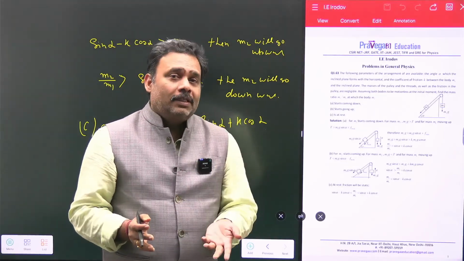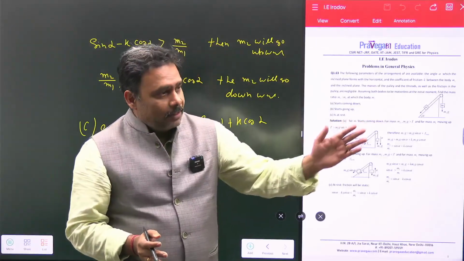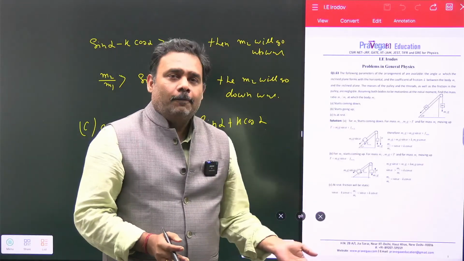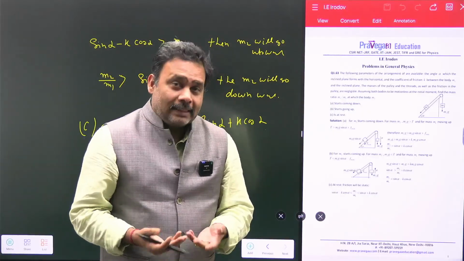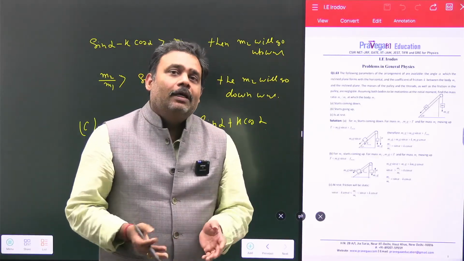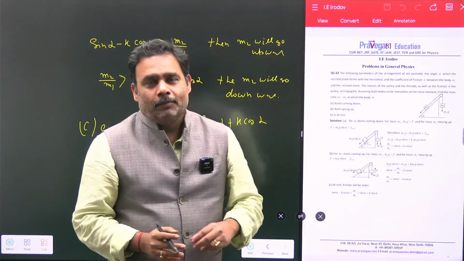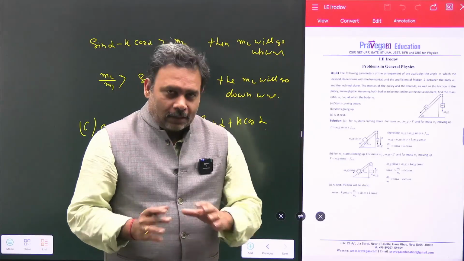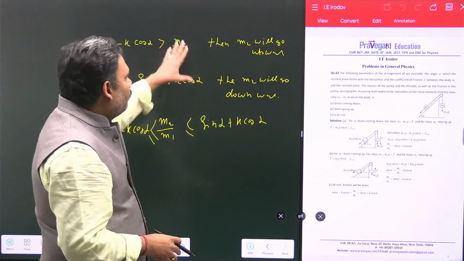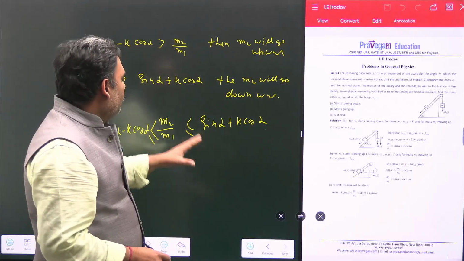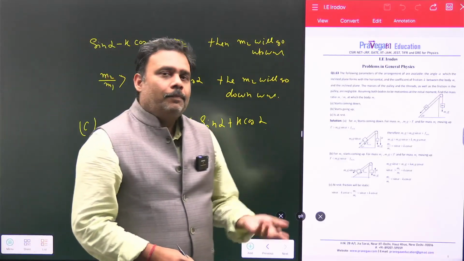And if there is friction, it should be given whether it is moving downward or upward. And here we need not find the acceleration of the system. Here we just have to find the ratio of M2 by M1. So this is very applicable also.